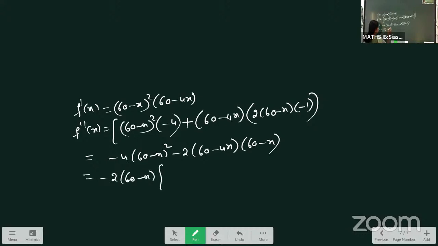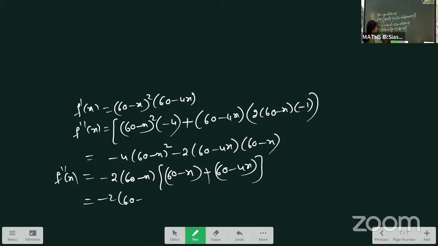So what do we get? Here (60 minus x) we will be getting, and here what are we getting? Minus (60 minus 4x). So minus is also taken in common. So f double dash of x, anyhow, is minus of something. Just simplify further: (60 minus x) into (60 plus 60), 120 minus 5x.